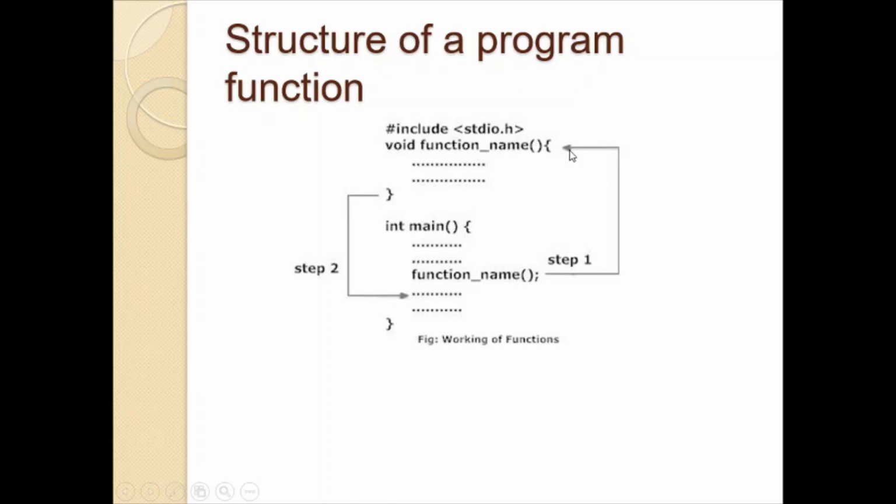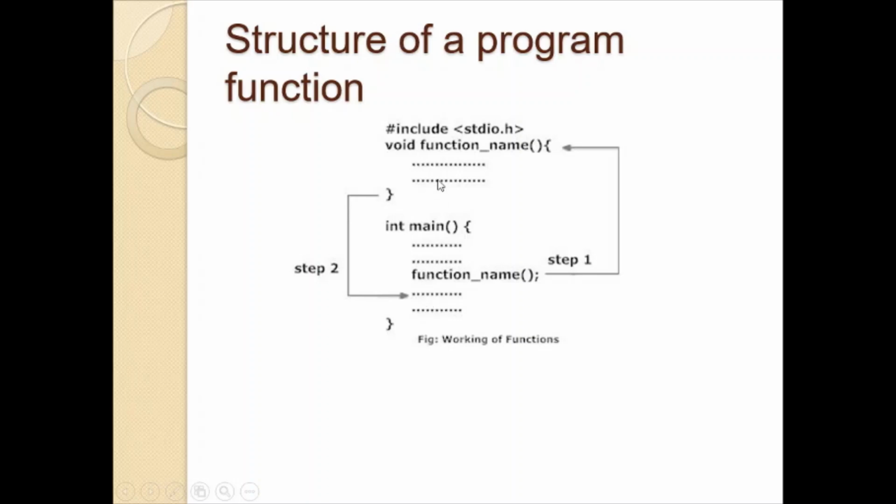It is going to execute all the statements present in this function. Once all the statements are executed, the control is going to return back to the main function. Next, all other statements which you have written after this function call are executed.